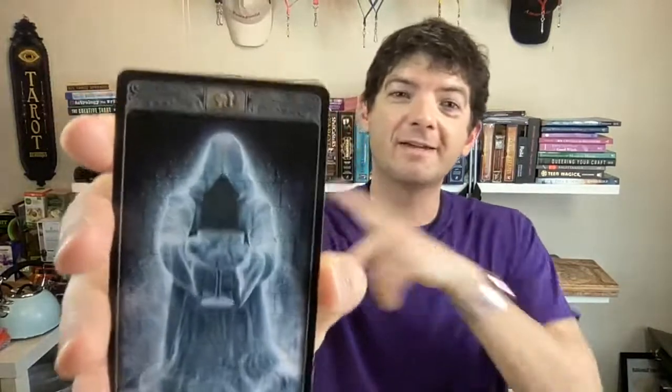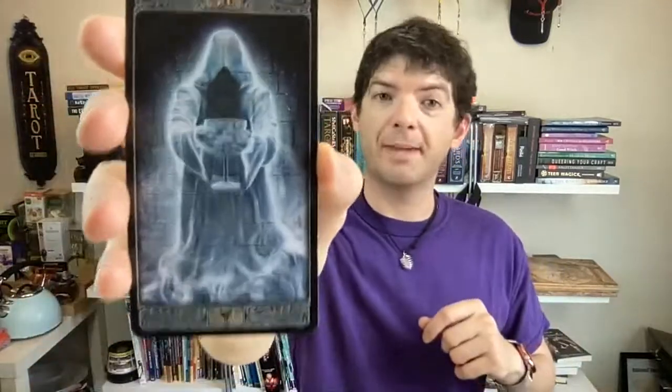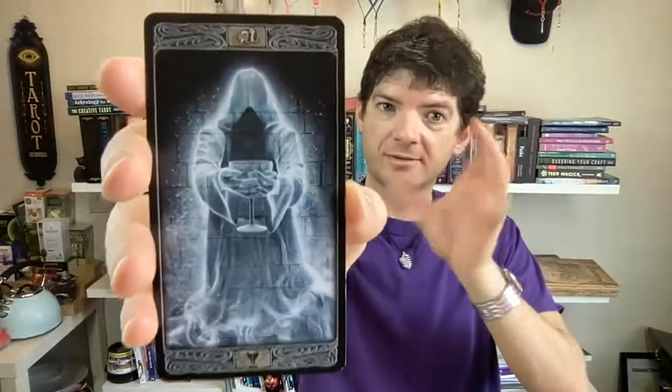So we have a page, the Page of Cups. This is a very young ghost. We have three pages, all showing us who this ghost is.